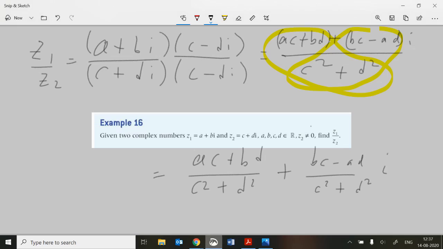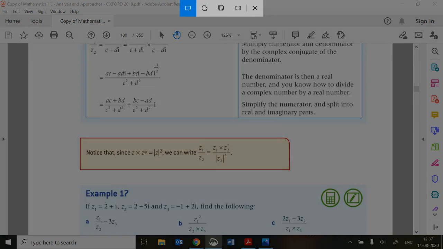There's the definition here. They're saying, well, when you're doing your division, z1 divided by z2, it's the same as timesing z1 by the conjugate of the thing on the bottom, and then having the modulus of z2 squared on the bottom there as well.